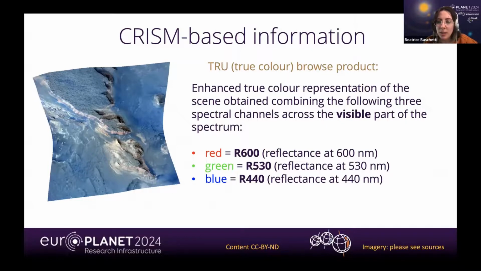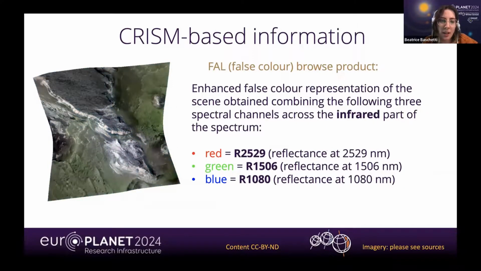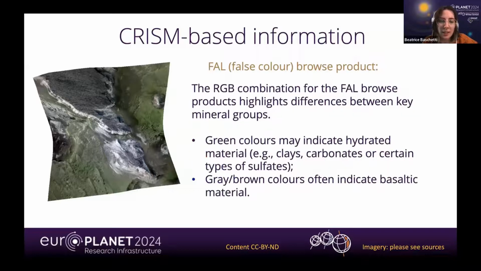And then if we go to the next slide, this is something slightly different because it combines three wavelengths in the infrared spectrum, and they are thought to highlight some characteristics about the mineralogy of the area. So if you go to the next slide again, thank you.